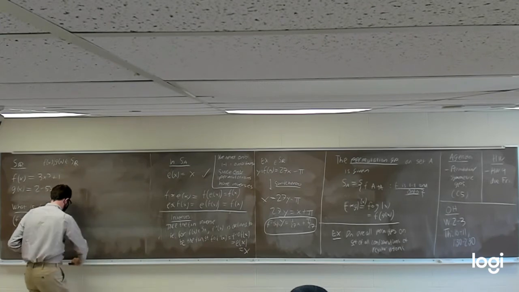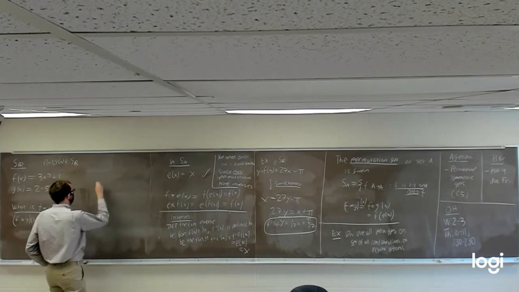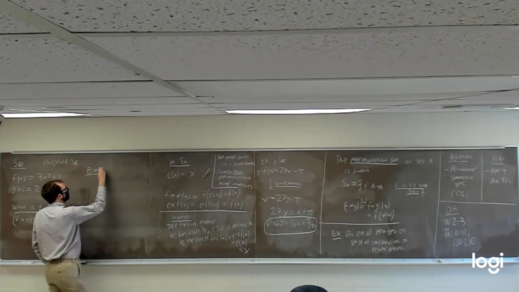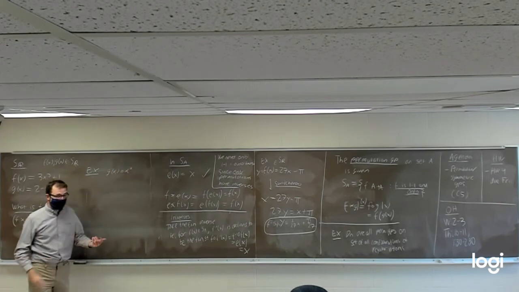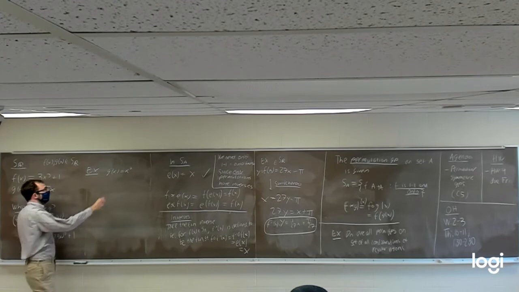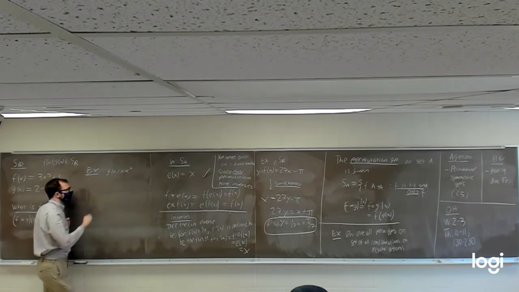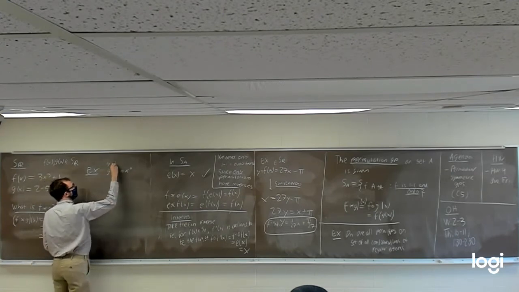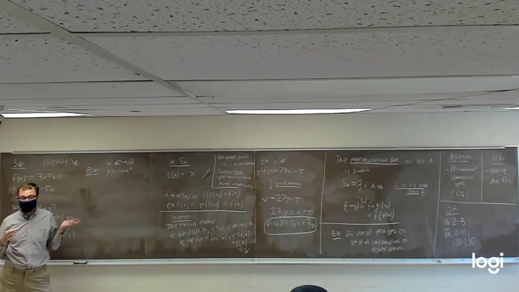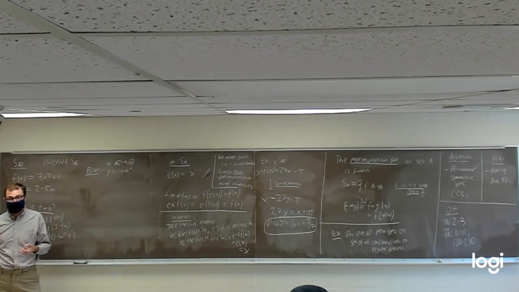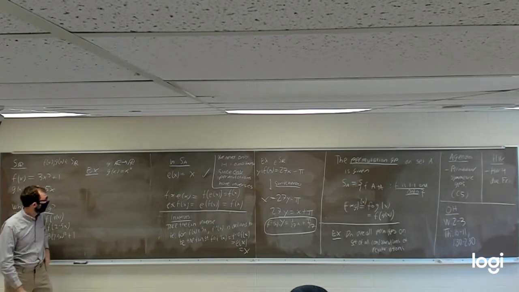Because, for instance, if we tried to do g of x is equal to x squared, as a function from the reals to the reals, we talked last time about how this is very much not a one-to-one and not an onto function.